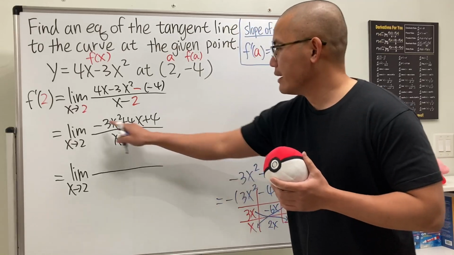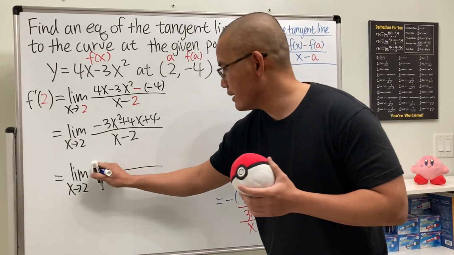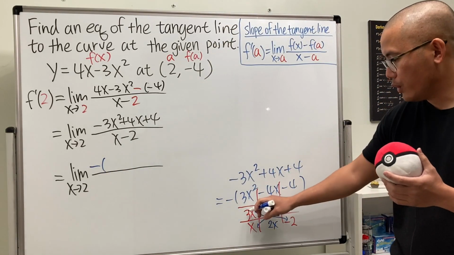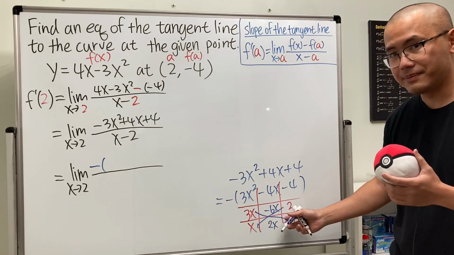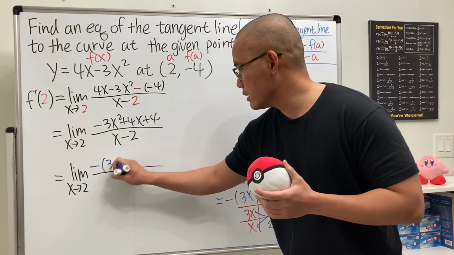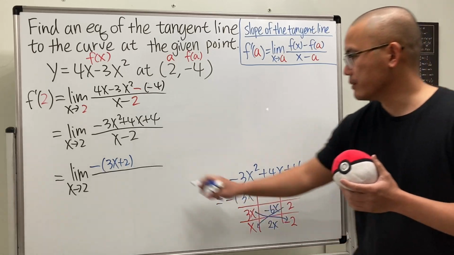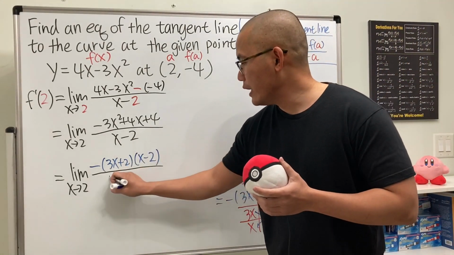Okay, this right here, we have a negative, so don't forget about this negative. And then we have x, well this is 3x plus 2. We are going to read across. Earlier, we cross multiplied it to check. But the answer is 3x plus 2. And then the other one is x minus 2. And on the bottom, we have that x minus 2.